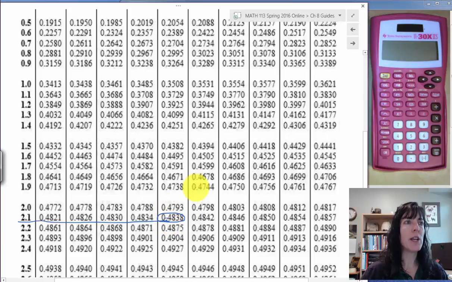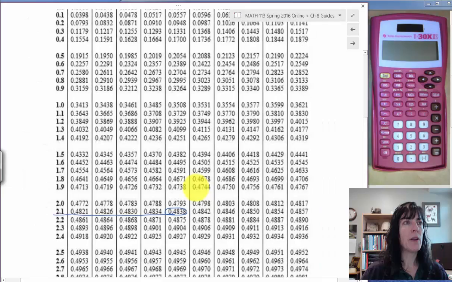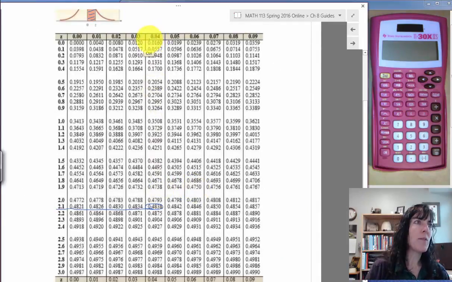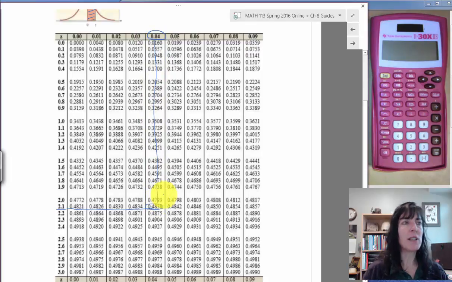And if you track that straight up, we have this 0.04, and we just go down, so we're just making a rectangle with it. And where the 2.1 is plus the 0.04, we can think of it that way. 2.1 plus 0.04 gives us the 2.14.